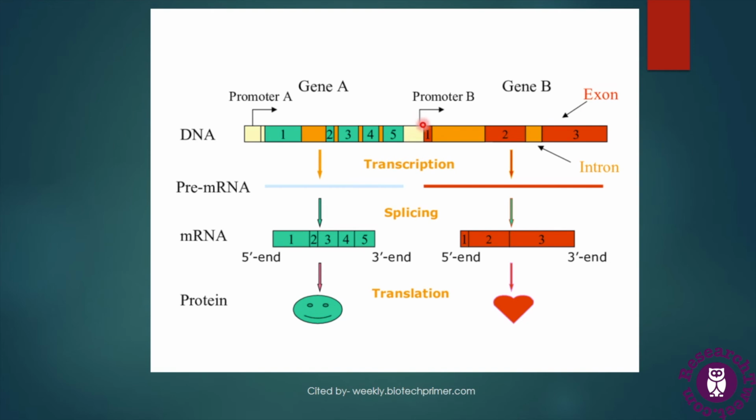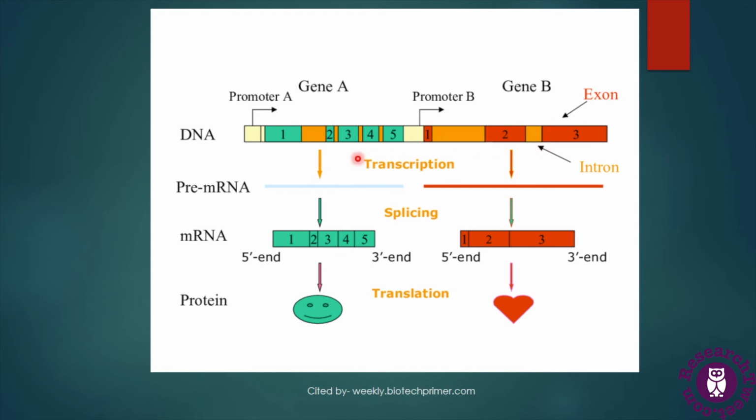In between these regulatory elements, there are core elements which have introns and exons. Here we can see in green color the introns, and here in the red color, they are the exons or the coding DNA sequences.